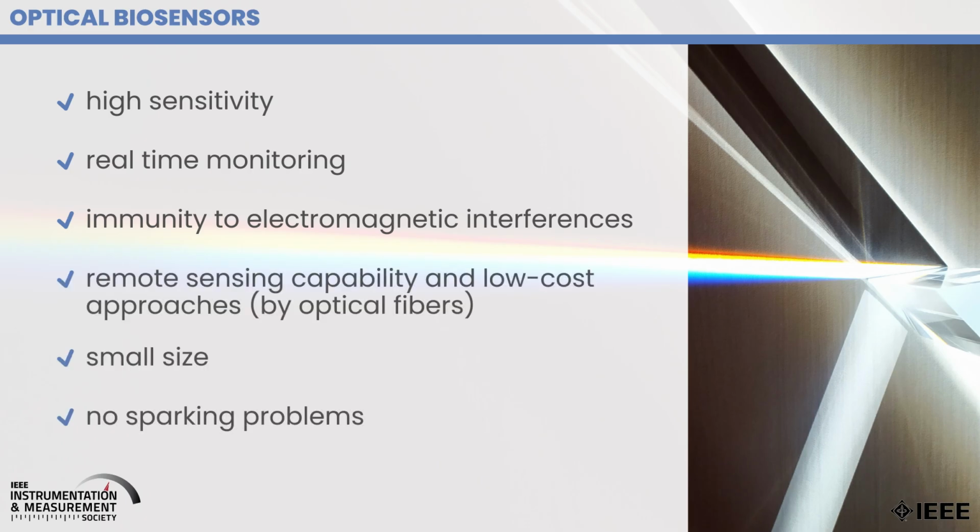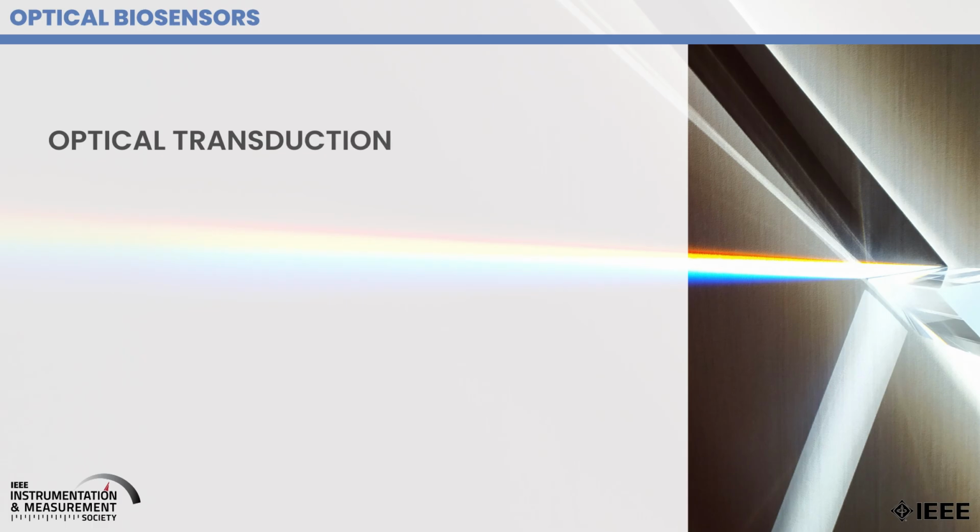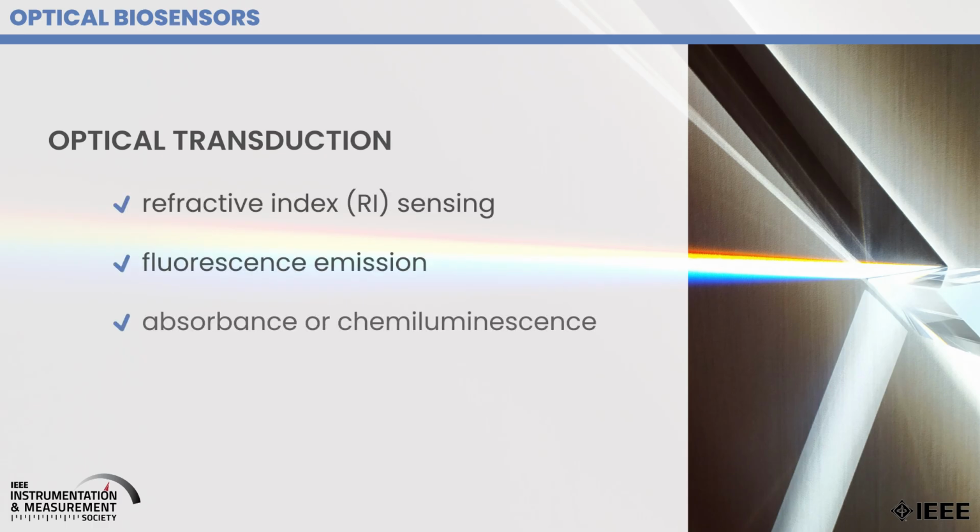With regards to optical transduction, several configurations can be distinguished, such as those based on refractive index sensing, fluorescence emission, intensity ones, and so on. This tutorial will focus in particular detail on surface plasmon resonance sensors.